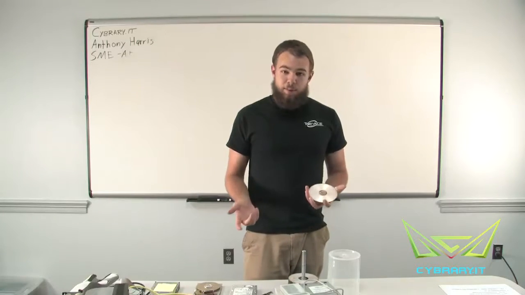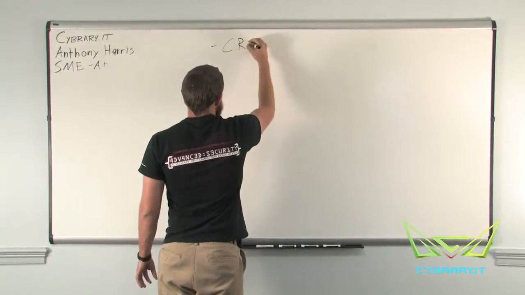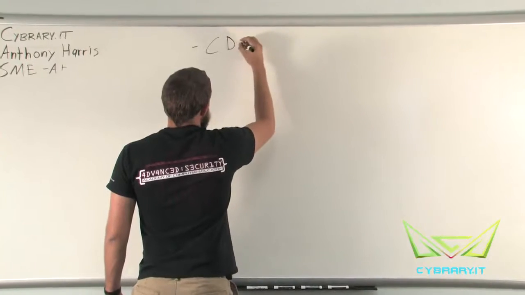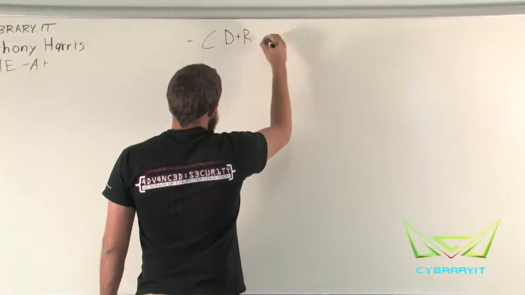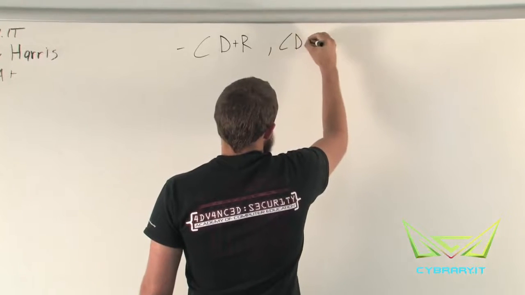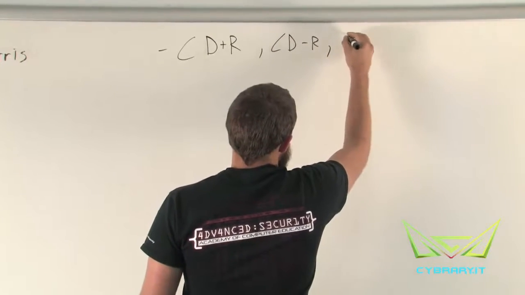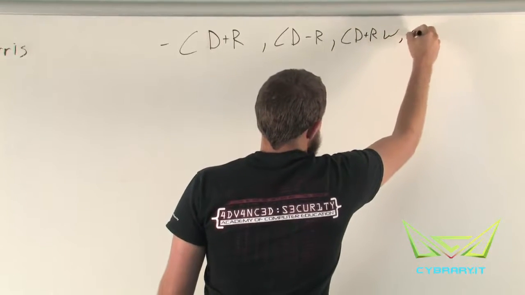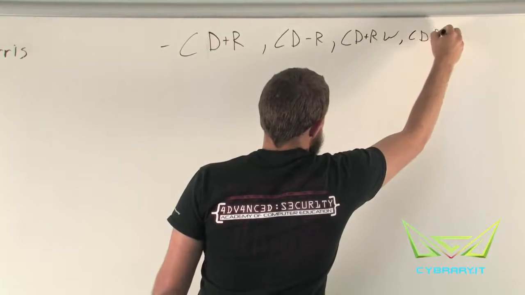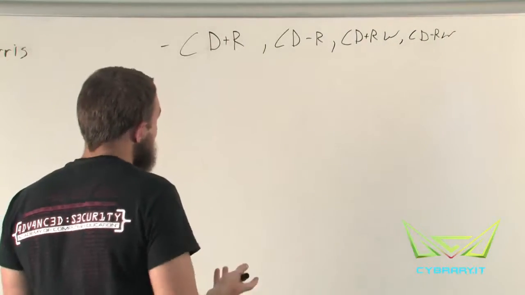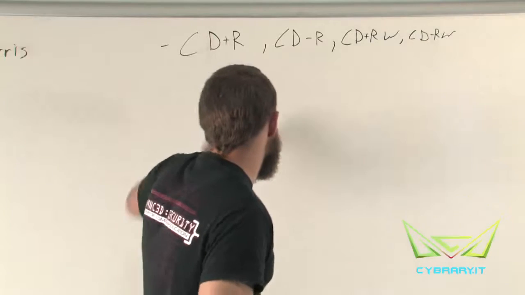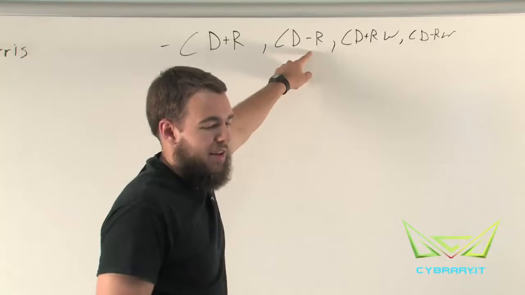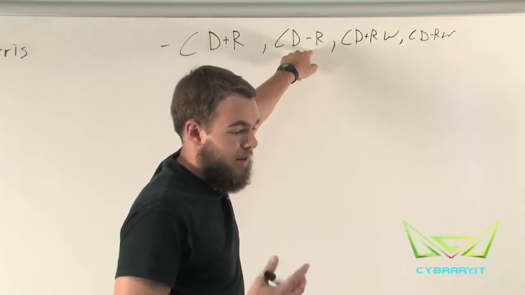Now, there are a few different types of disks that we have. The first ones we're going to look at are CD-Rs and CD-RWs. CDs are the same size as all the other disks that we see, whether they're DVD or Blu-ray disks, and they come in a couple different formats. We have CD+R, CD-R, CD+RW, or CD-RW. Now, the plus or the minus in between the CD and the R, or the CD and the RW, has to do with the way that the information is written onto the disk.